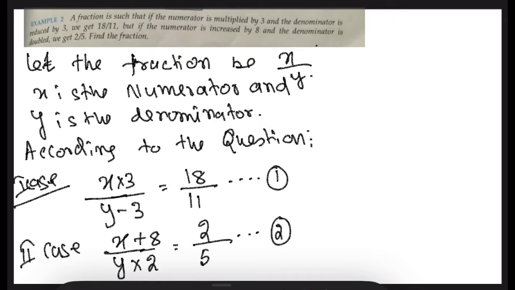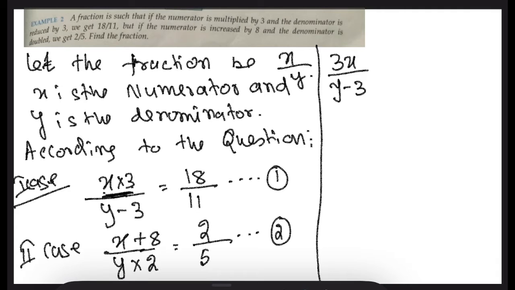Now let us change this equation into a simpler form. 3 into x is 3x, so 3x upon y minus 3 equals 18 upon 11.